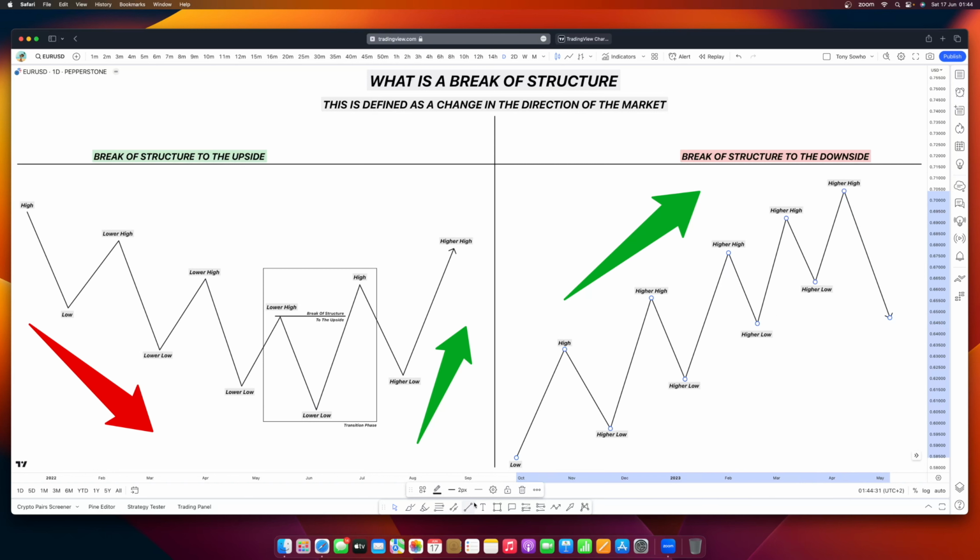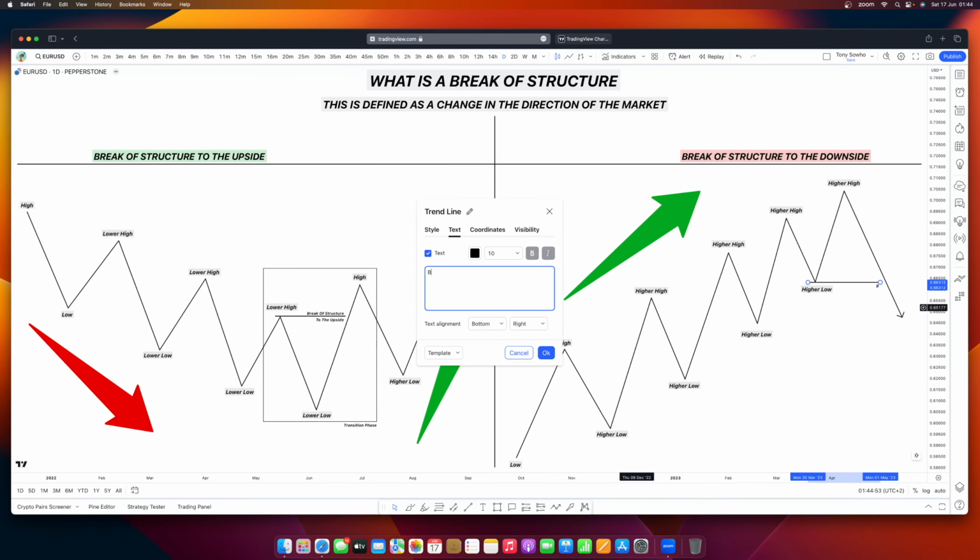Therefore, we're going to have that as a break of structure, which I normally signify as BOS. So we're going to call this a break of structure. Let's put this at the top.